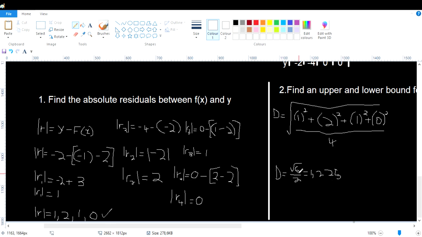Or let me just leave it as a fraction, because it won't make any difference.